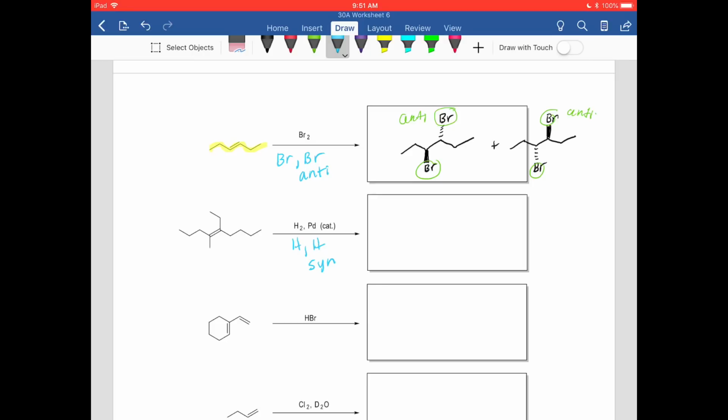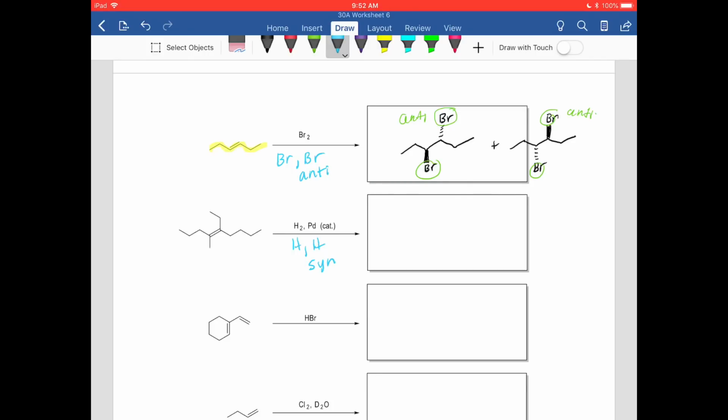And so when it's a concerted reaction mechanism, that reagent either has to approach from the front or from the back face of the alkene, but it can't do both at once. And then with the Br2 addition, that's anti because it's a stepwise reaction where first we form a cyclic bromonium ion, and then we do an SN2 reaction to open that ring up, and that's what causes the nucleophile to come in 180 degrees from the carbon-leaving group bond, which therefore gives us an anti-addition.